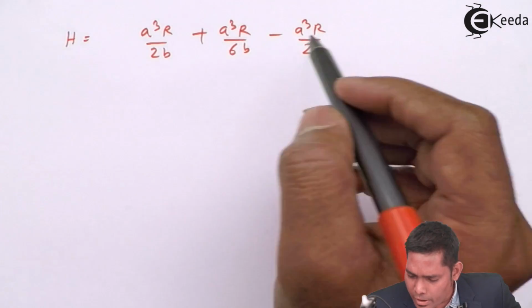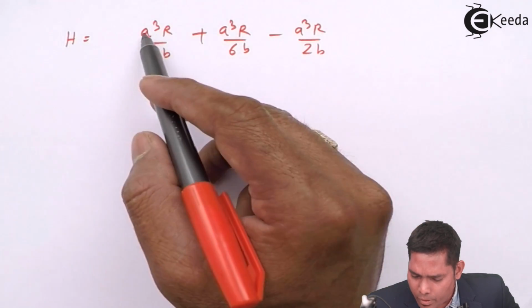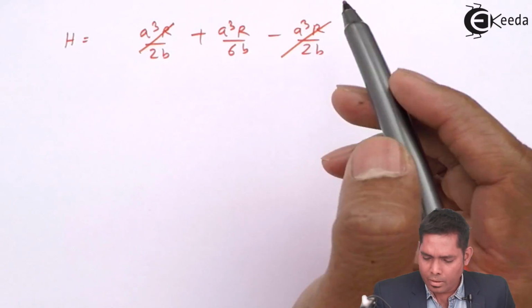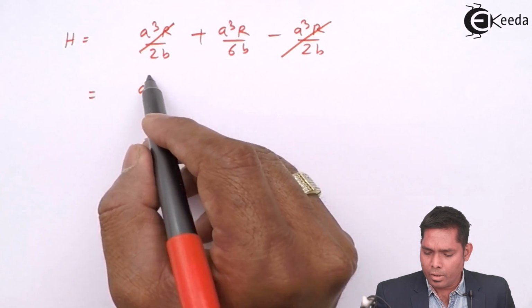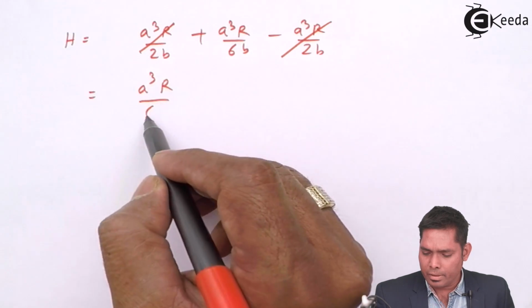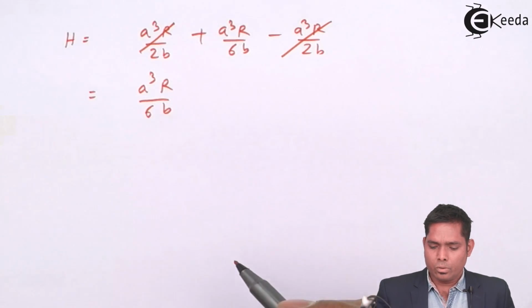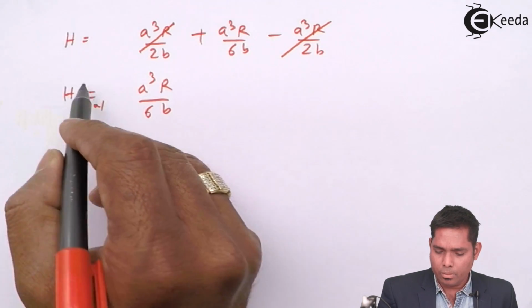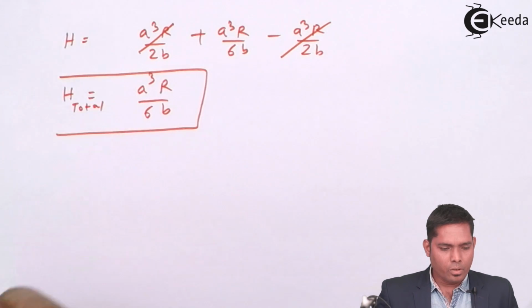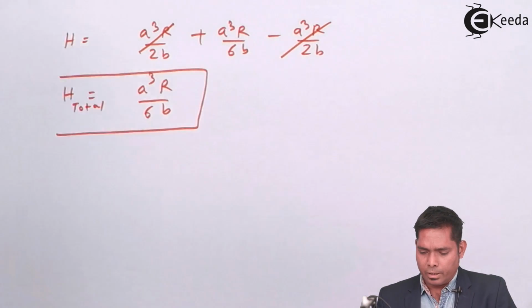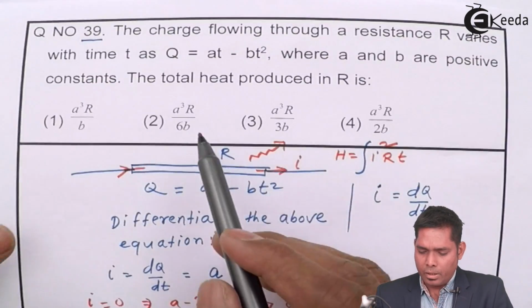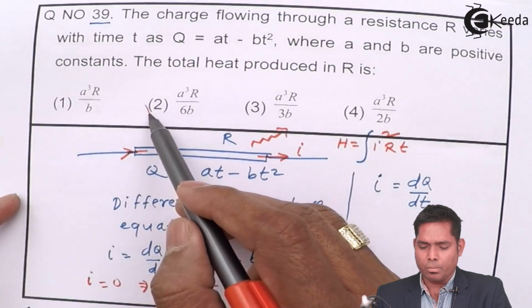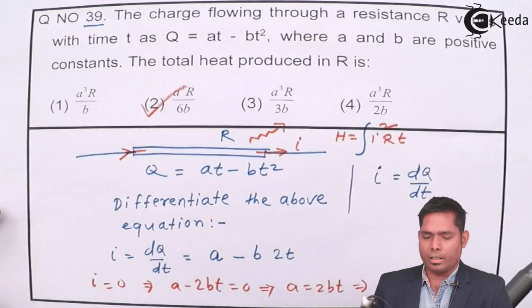Now this a cubed r over 2b and this a cubed r over 2b, plus and minus will cancel, and what is left is a cubed r divided by 6b. So this is the total heat produced. If I see the options, a cubed r over 6b, option number 2 is the correct answer to this question.